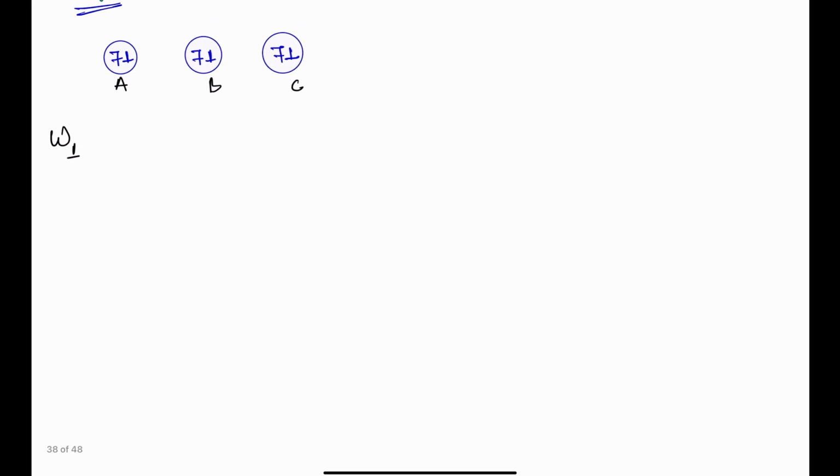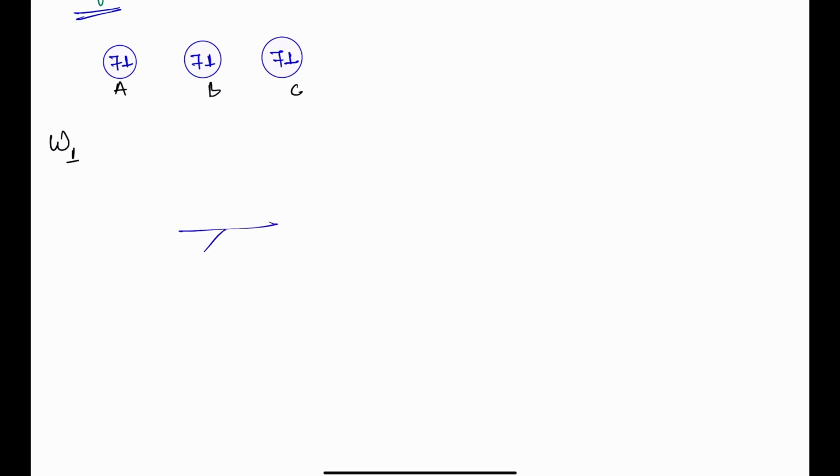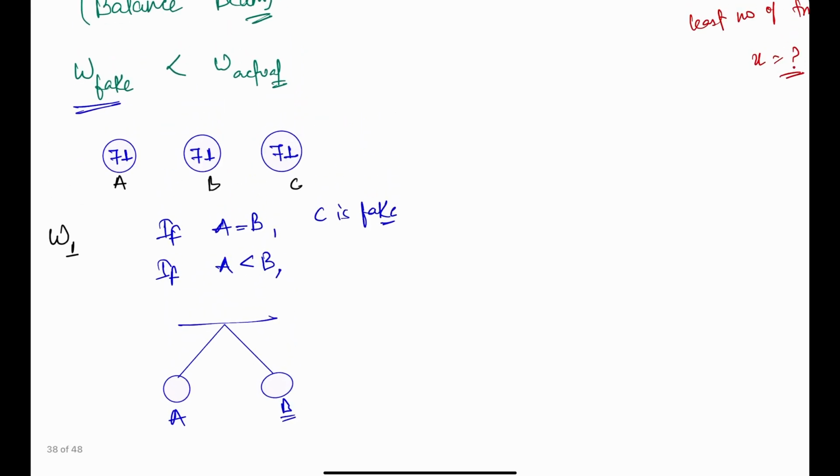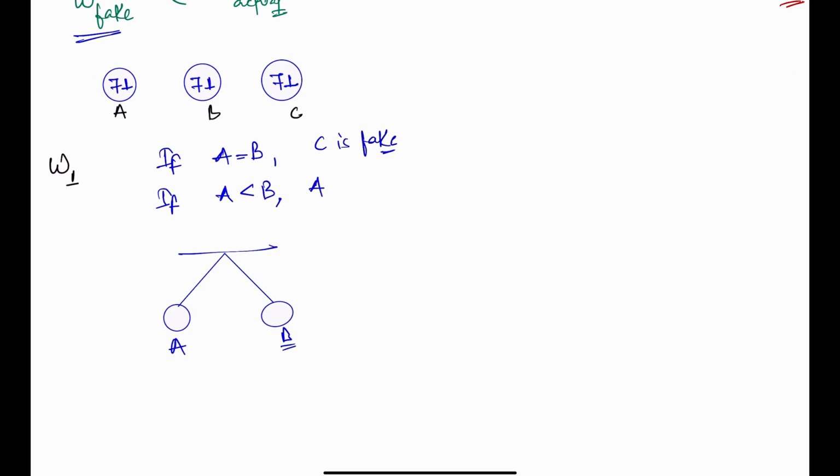I will put, just for writing, A and B over here. Either A equals B, then C is fake, the fake is in coin C. If A is less than B, and we know that the fake is of less weight, then A is fake.